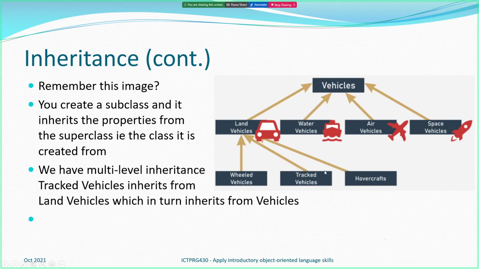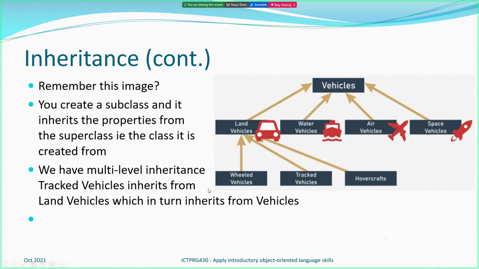So it will come up, for example, tracked vehicles into land vehicles, and then up to the generic superclass of vehicles. Now, every class or subclass created will inherit all the properties from the parent that it's created from.